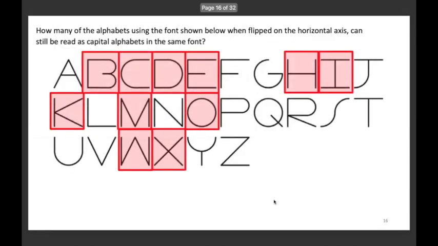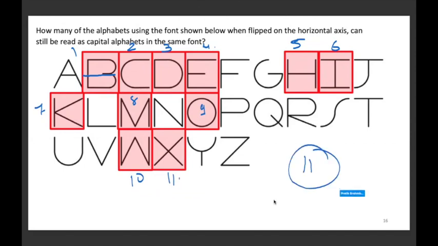The alphabets that will be read in the same font when flipped along the horizontal axis are B, C, D, E, H, I, K, M, O, W, and X. Answer is 11 alphabets.